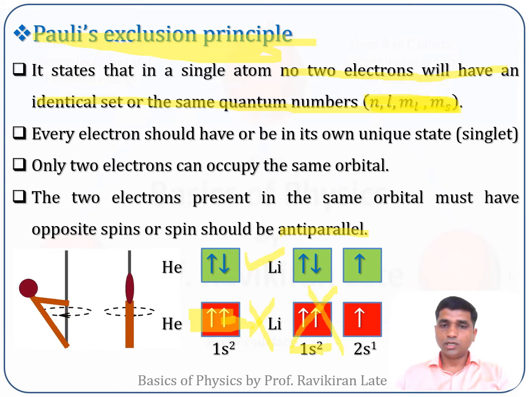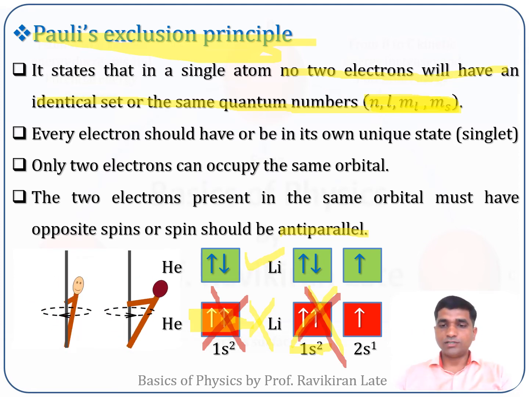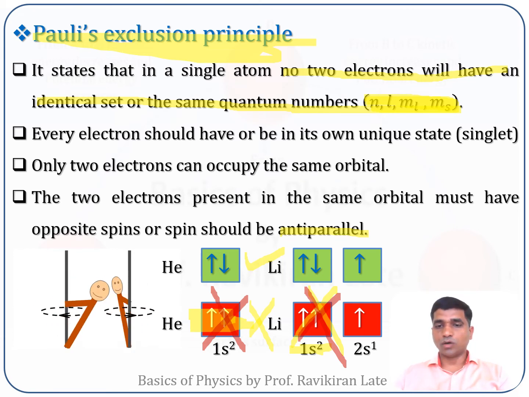This is actually wrong, and this is also wrong. Whenever two electrons are in the same orbital, they must have antiparallel spins to each other. Then and only then will their quantum state be unique. In this case, the first electron and second electron have the same set of quantum numbers; all four quantum numbers are the same.